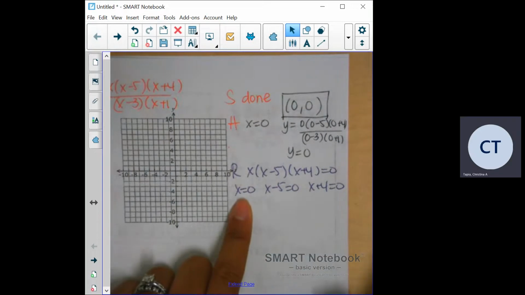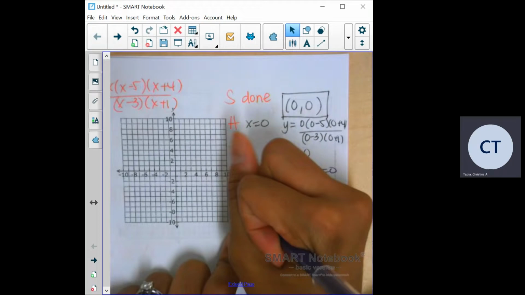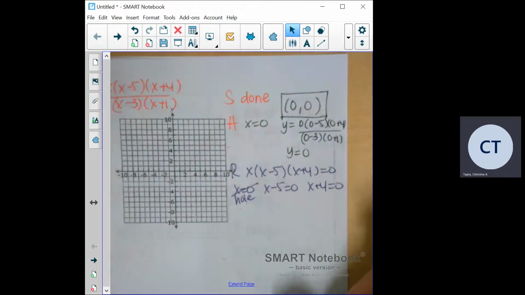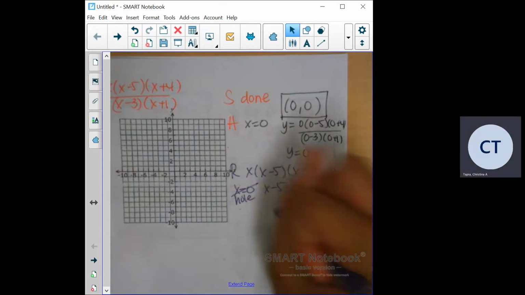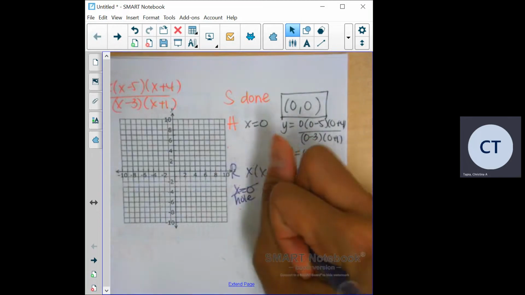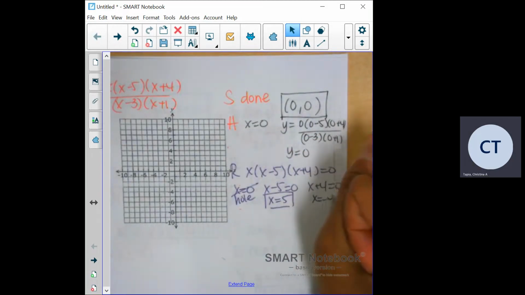By having this x equals 0, what do we already know is happening at 0? We have a hole. So I'm going to cross that out. I'm just going to write hole next to it. We don't have an x-intercept at 0 because we have a hole at that point. My other x-intercepts, I can just add 5, so this will be positive 5. And the other x-intercept will be at negative 4.